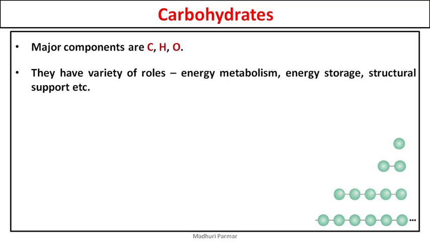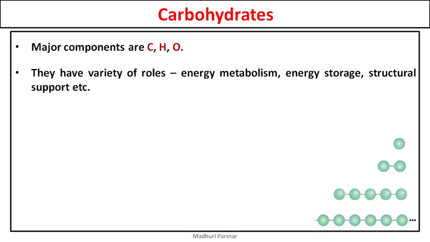Then energy storage. Think of a potato or radish or carrot. It is storing its energy in the form of carbohydrate, in the form of starch. So for energy storage also you use carbohydrates. For structural support, think of cellulose when we discuss the cell wall.